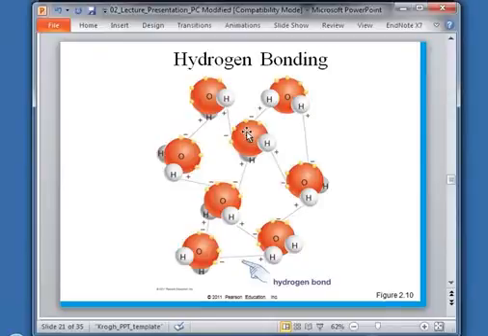Hydrogen bonding is fairly weak. It's not like the ionic or covalent bonding we were talking about before, but it does some things. So for instance, have you ever seen the insects that can stand on the surface of water? They can do that because of the cohesion of water molecules to each other, which is in part related to hydrogen bonding.